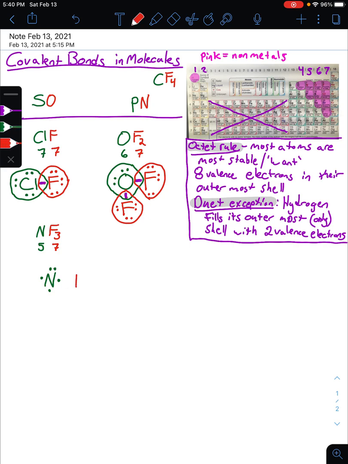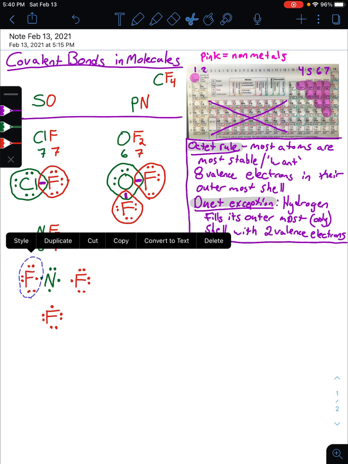Then draw your fluorines. 6 and 7. 1, 2, 3, 4, 5, 6, 7.